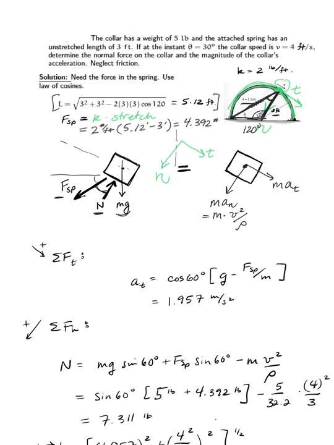If we highlight this, we've got a triangle that has a 5.12 length there. It's got 3 and 3. So if I've got an angle theta here, that angle would also have to be theta. So I've got that 2 theta plus 120 has to equal the total inside of 180 degrees. That would give me that theta is equal to 30 degrees. So I know that that angle right there is 30 degrees.